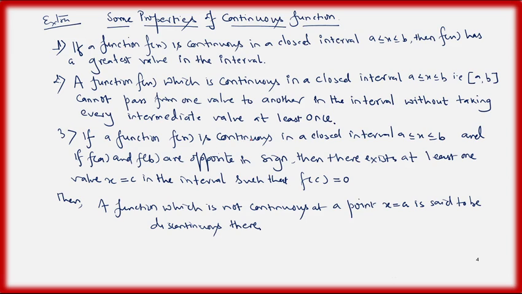If a function f of x is continuous in a closed interval and f of a and f of b are opposite in sign, then there exists at least one value x equal to c in the interval such that f of c equal to 0. A function which is not continuous at a point x equal to a is said to be discontinuous. This is an important property, but you will study it in the next lesson.